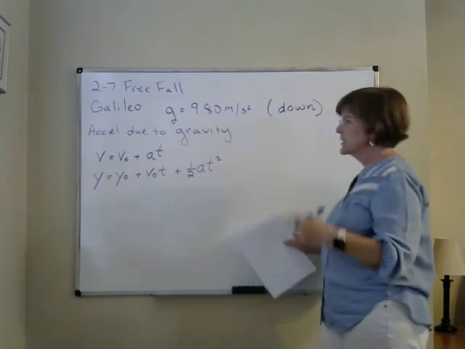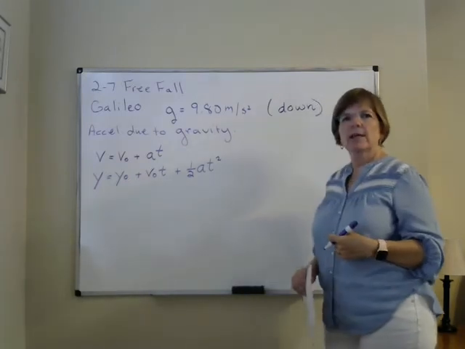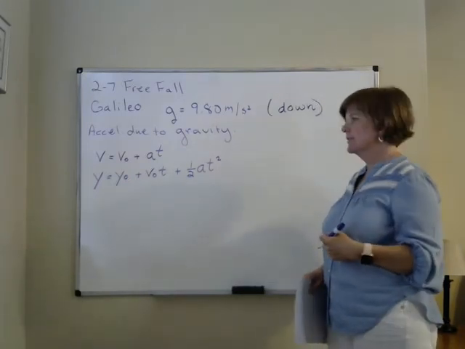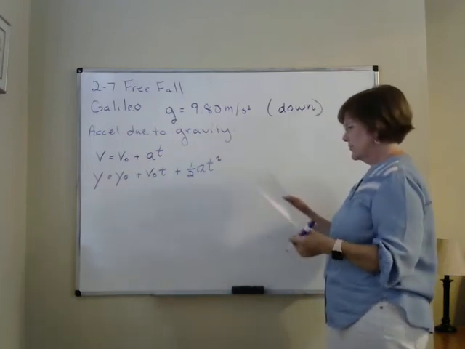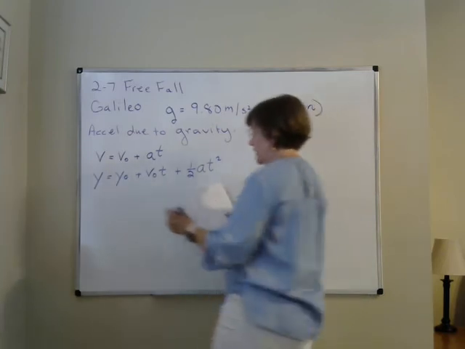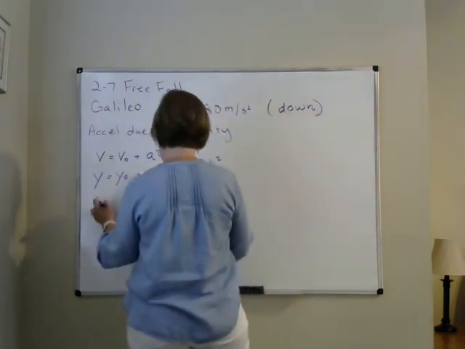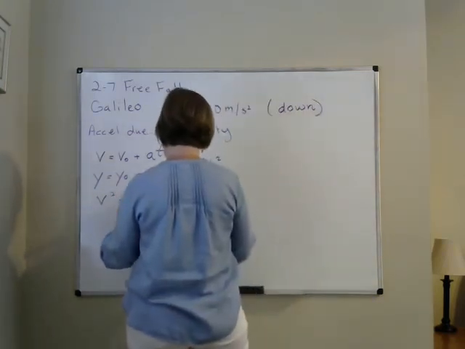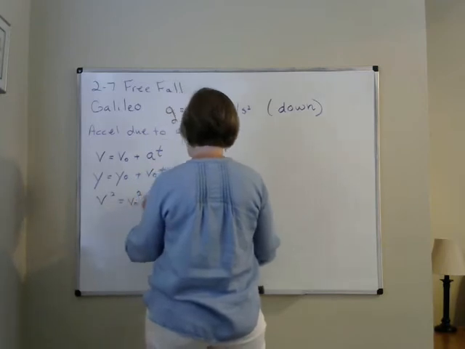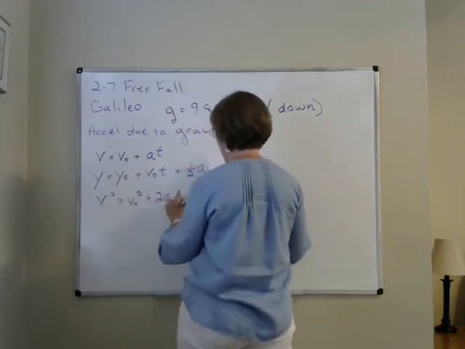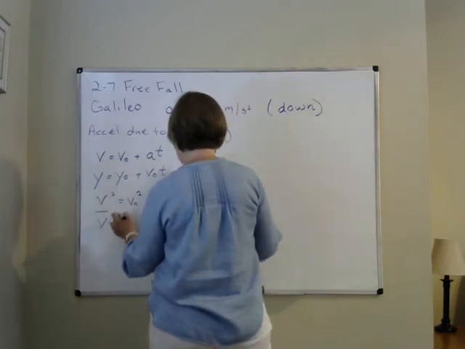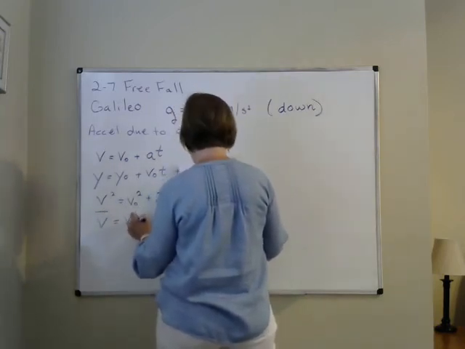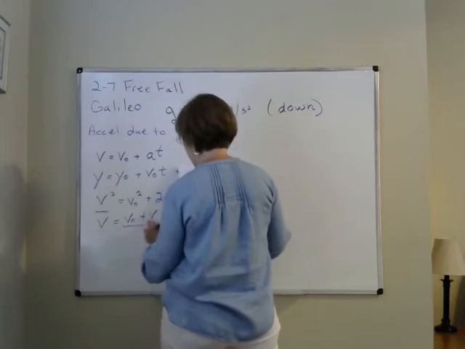So now we are assuming we're only doing linear motion. So our velocity, any initial velocity, is vertical, up or down, and of course our acceleration is vertical. v squared would equal v0 squared plus 2a delta y, because it's a vertical displacement, and the average velocity is still v0 plus v divided by 2.